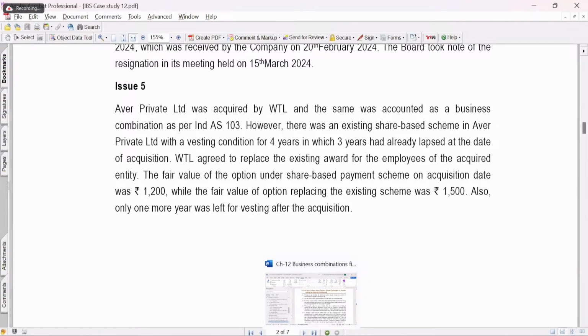And as per Ind AS 103, assets and liabilities of the acquired entity are taken over by the acquirer entity at fair value. At fair value. And sometimes it may happen that when you are acquiring the assets and liabilities, the entity may have certain liabilities which they have not recorded, but they are identified at the time of acquisition.